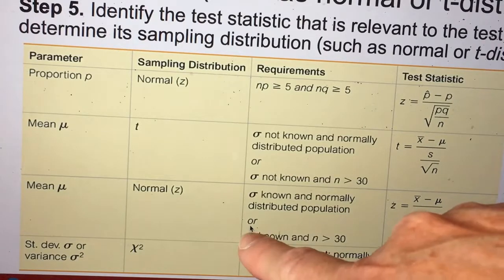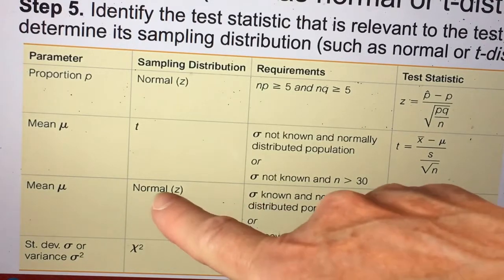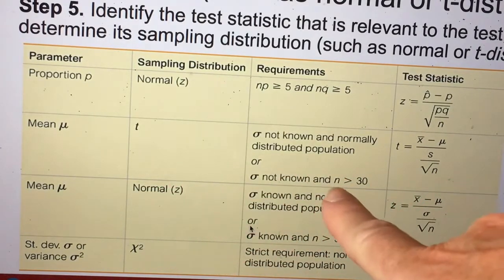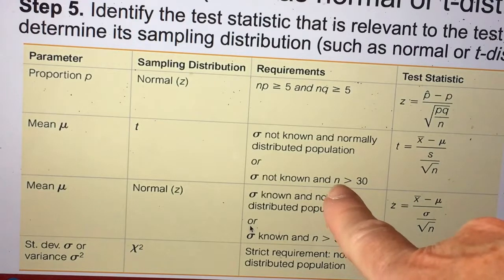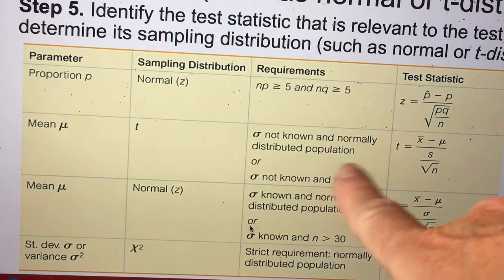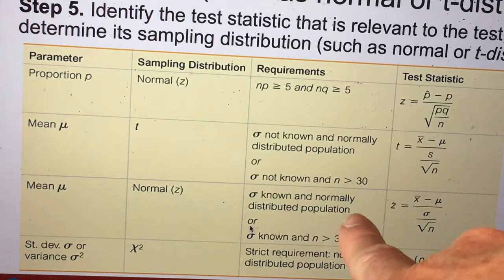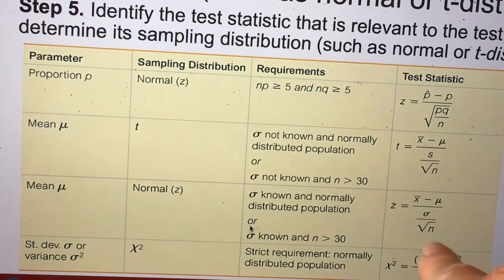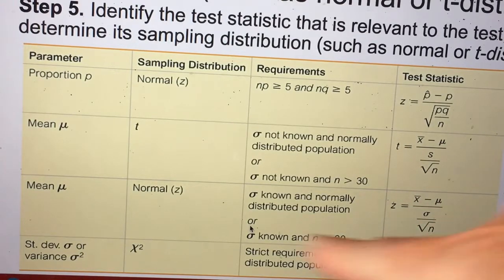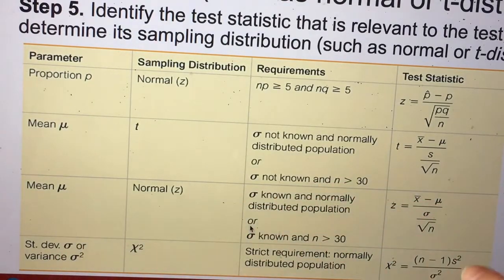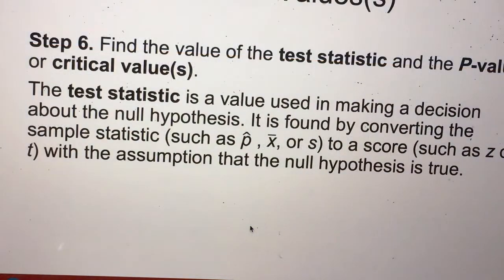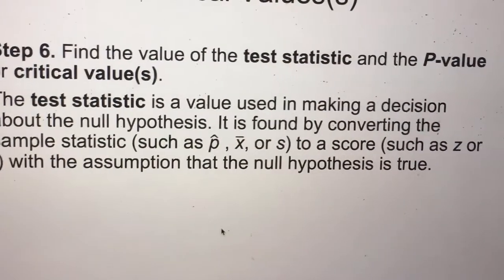We can also use the z-score if we have a very large n and normal distribution, and we'll see that on another slide somewhere. So there's the z-score test statistic. This one down here we're not going to use at all, because that's dealing with 8.4, which we don't cover in this slide. So the next step is step 6.